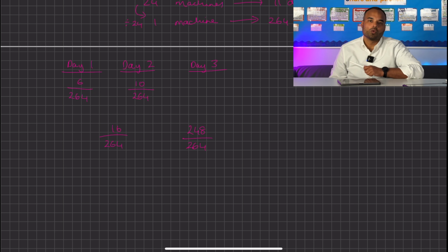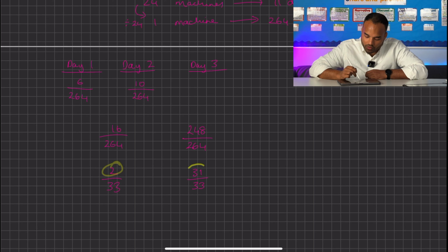Now, that fraction simplifies to 31 over 33. This fraction simplifies to 2 over 33. If you have a look at the numerators, they give you a bit of a clue, right? The numerator for that fraction is 2, the numerator for that fraction is 31.